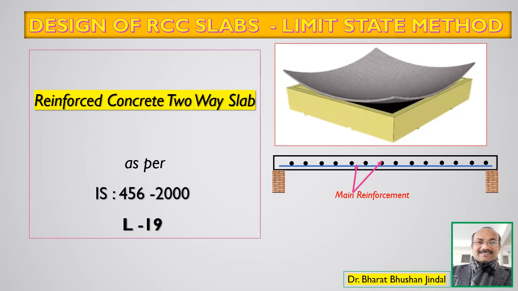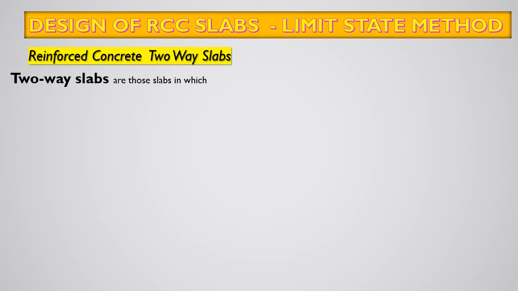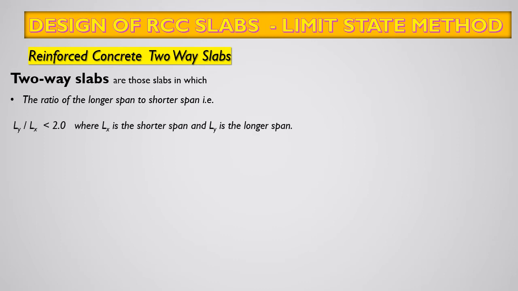So now we are going to discuss what is basically a two-way slab. Regarding reinforced concrete two-way slab, first of all we have to define what is the meaning of two-way slab. So two-way slabs are those slabs in which, I am listing here a few points, the ratio of longer span to shorter span, that is Ly by Lx, is less than 2.